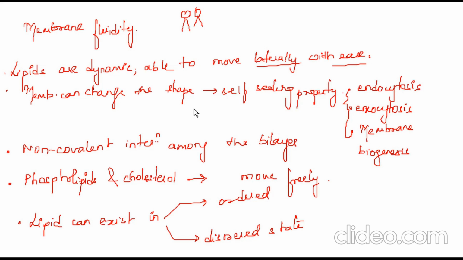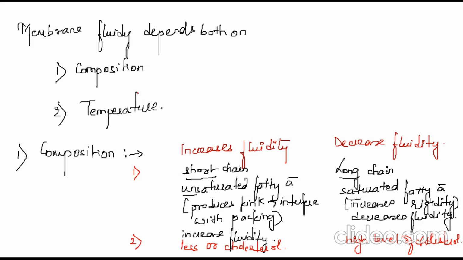Now this lipid can exist in the ordered state, which is a rigid structure, and the disordered state, which is the loose structure. Okay, next is what we studied, that the membrane fluidity depends on composition and temperature. The composition either increases fluidity or decreases fluidity.